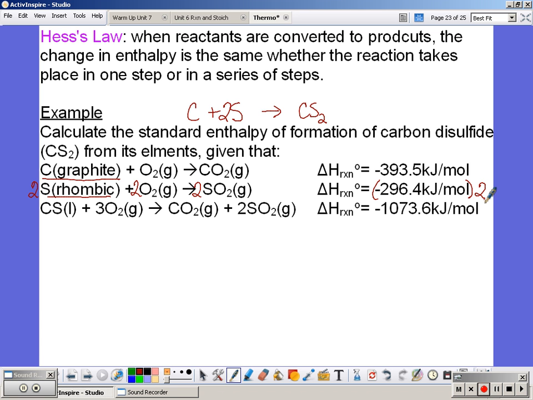And then we want CS2 to be a product. And there's a typo down here, I just saw it. There should be a 2 there. Alright, so we want that to be a product, so we need to flip this reaction.